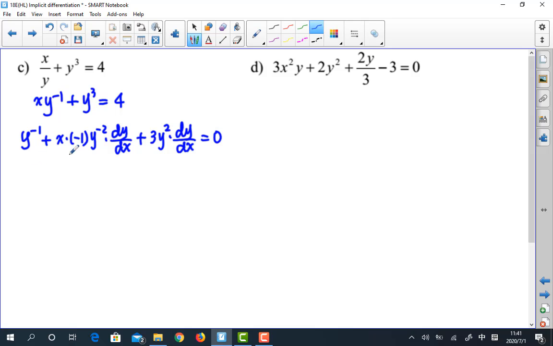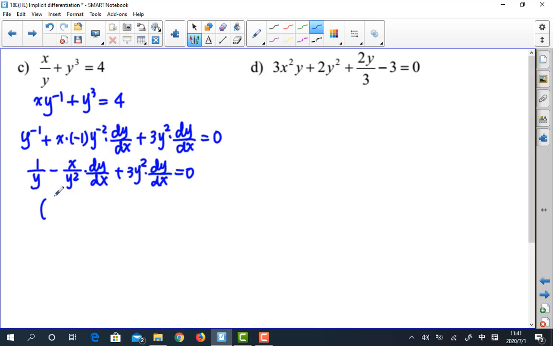So let's organize this expression in a better looking way. It's 1 over y minus x over y squared dy over dx plus 3y squared dy over dx equals 0. So combine the like terms. We can move those two terms to the other side and swap both sides of the equation.